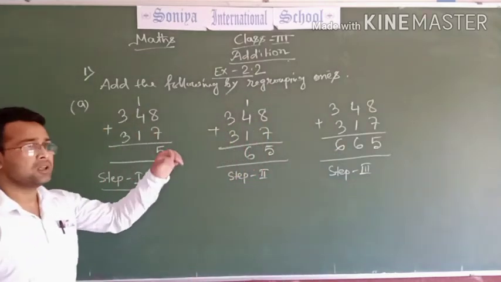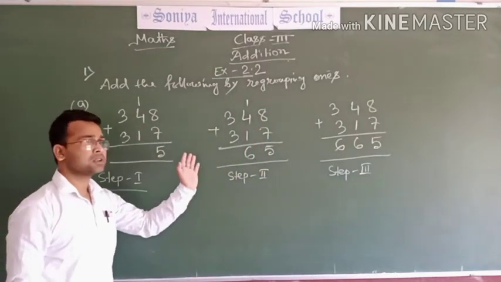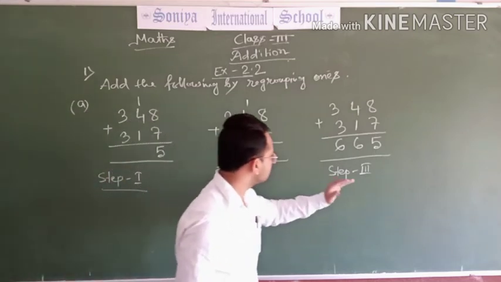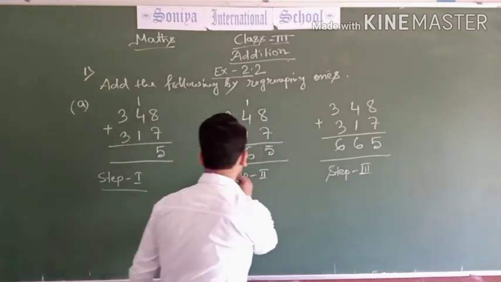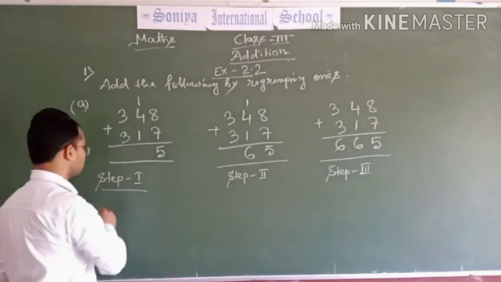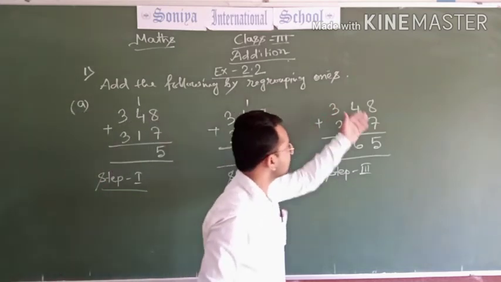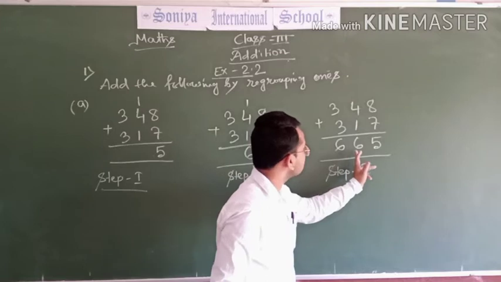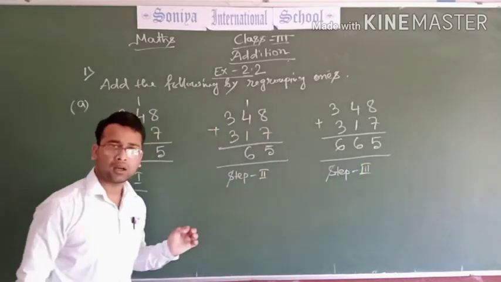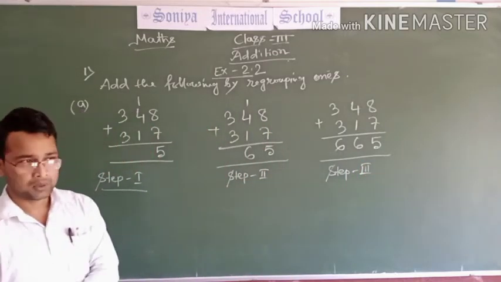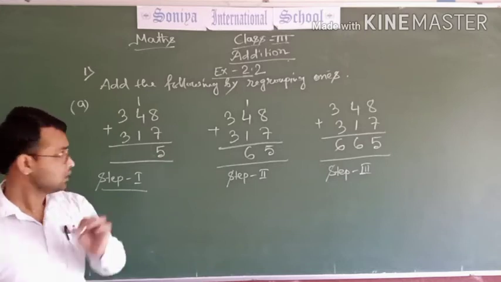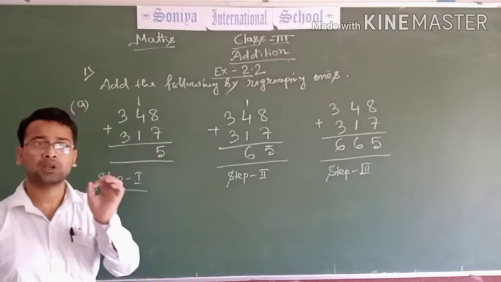So step 3 is done. No more digits, so this is the last step of the method. The answer is 665. Understood? This is the regrouping method.